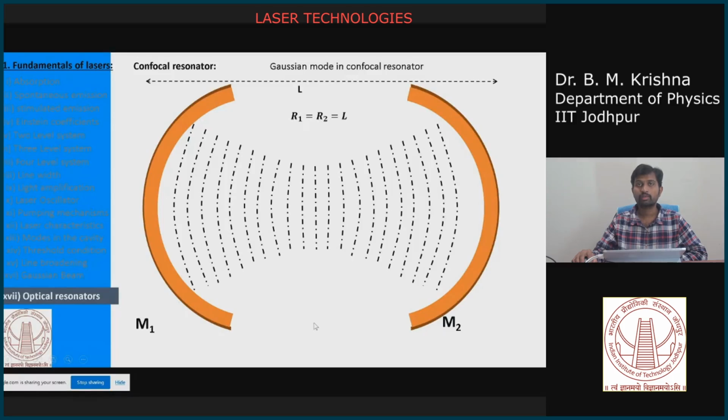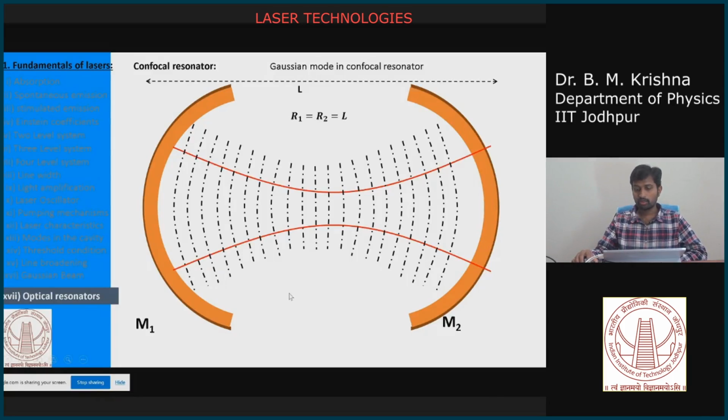So these are the wavefronts, or in principle we can call them phase fronts. Now the phase is almost constant in this case. Here you have a phase variation, but it is a certain phase variation from one point to the other.